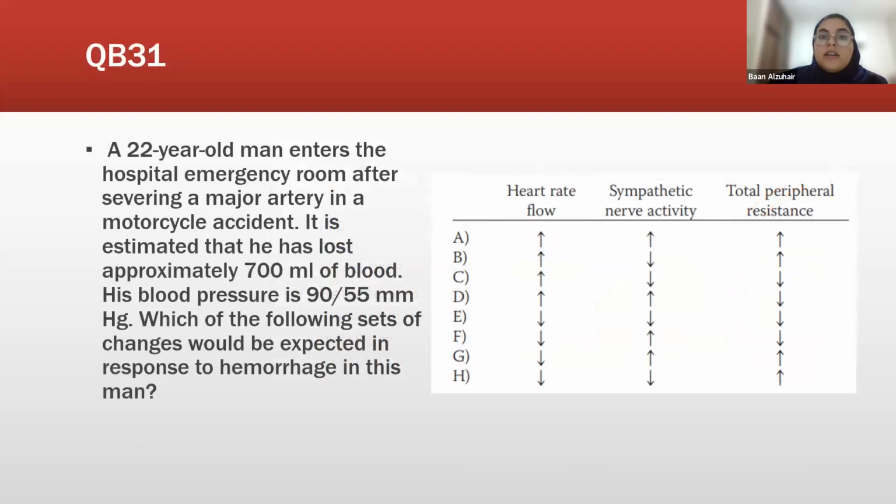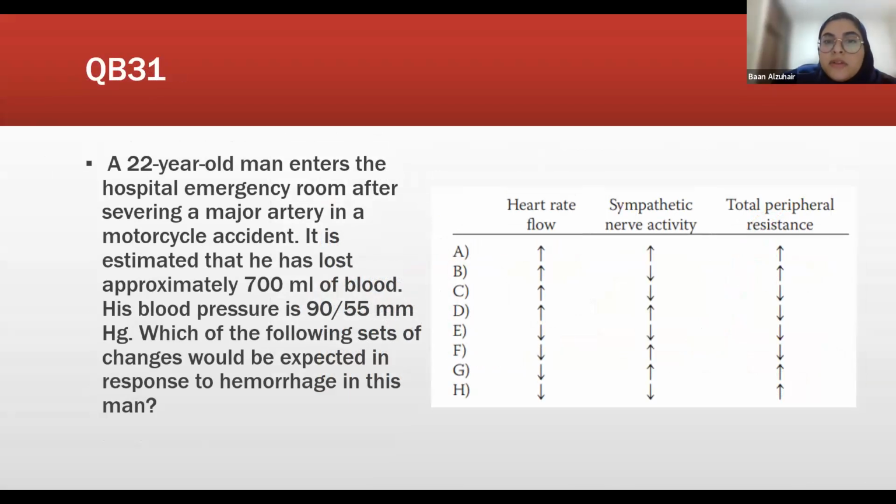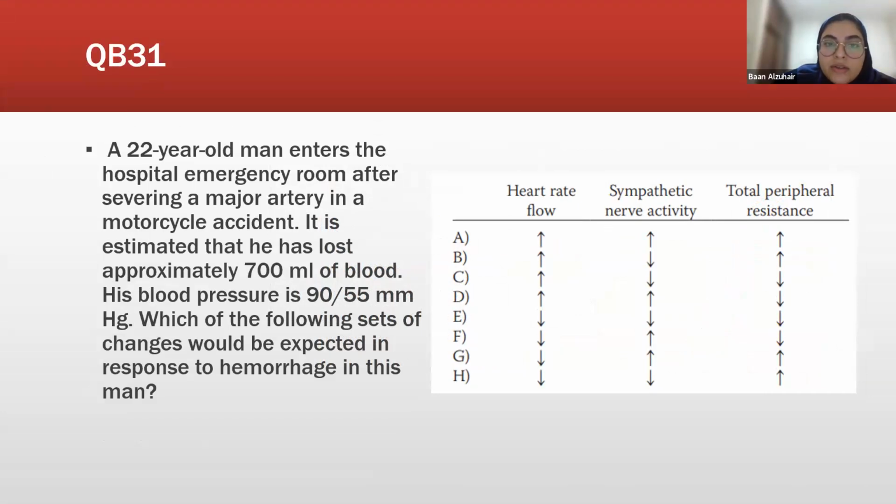A 22-year-old man enters the hospital emergency room after severing a major artery in a motorcycle accident. It is estimated that he has lost approximately 700 milliliters of blood. His blood pressure is 90/55. Which of the following sets of changes would you expect in response to hemorrhage in this man?